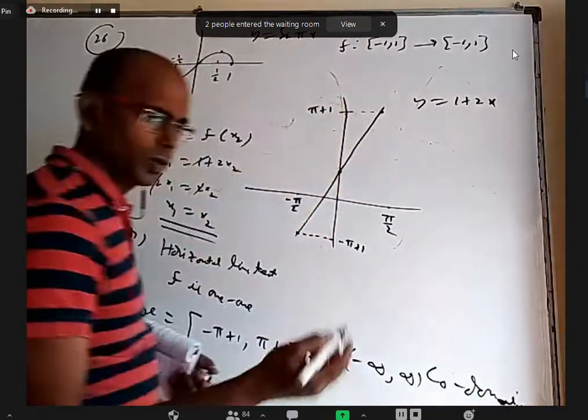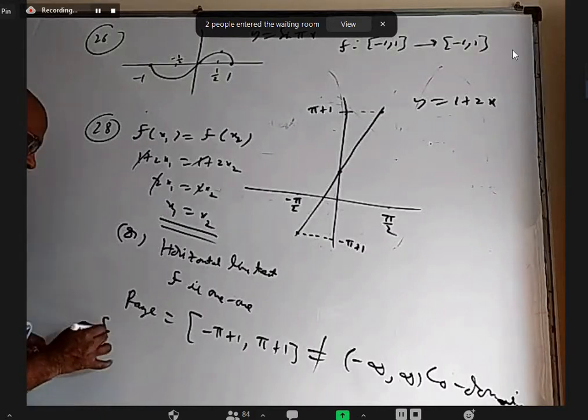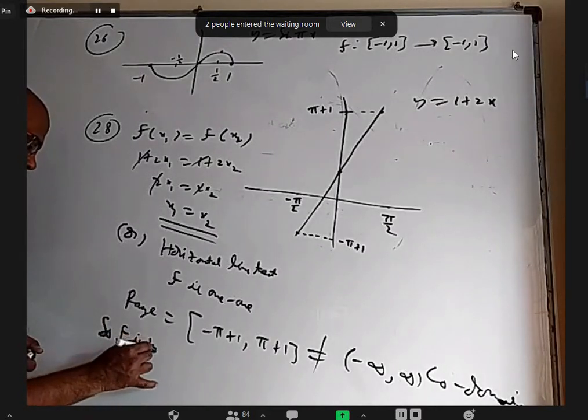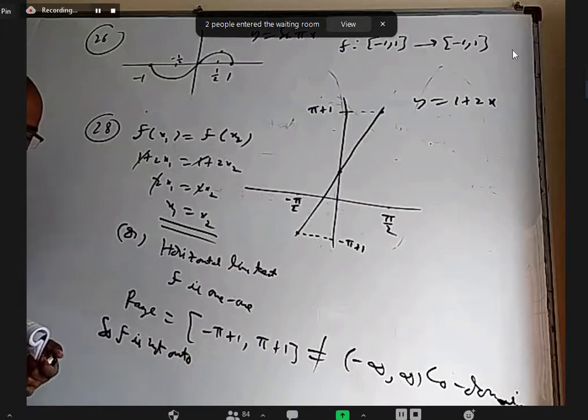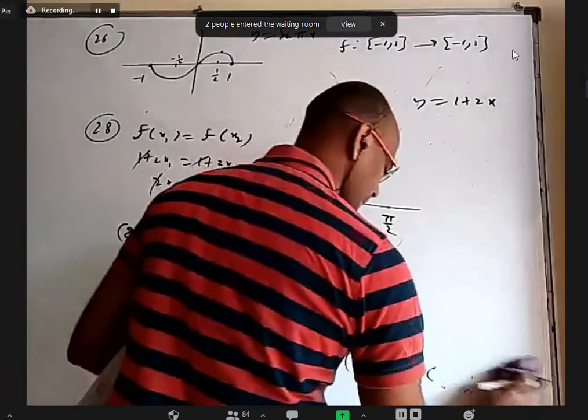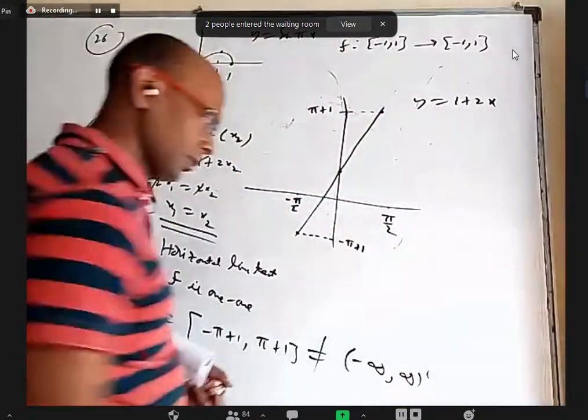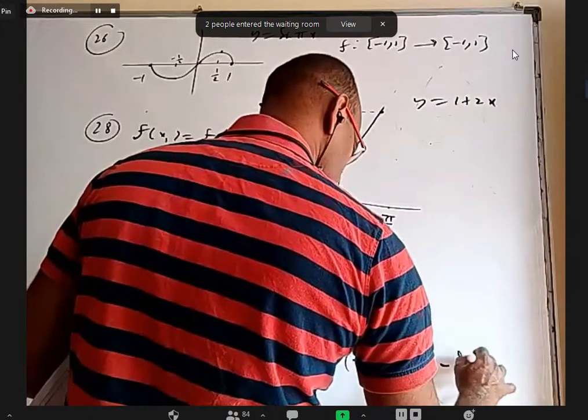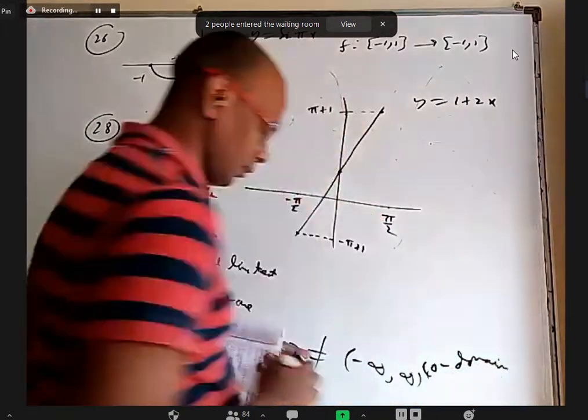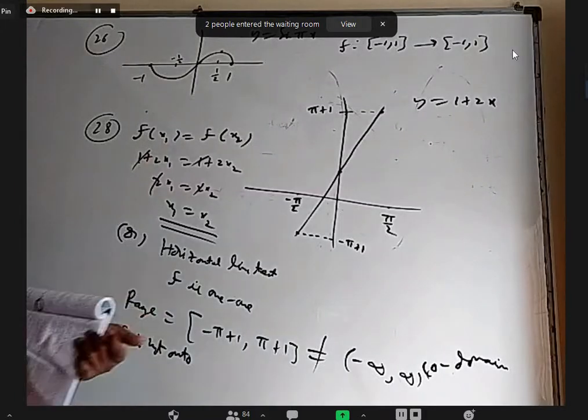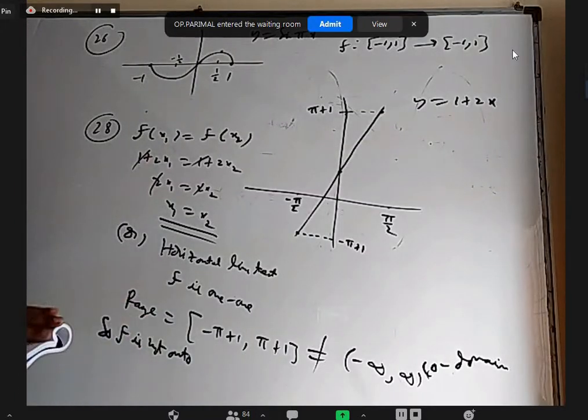So range and codomain are not equal. So f is not onto. So mainly you have to see, can two different x values give the same y value or not?